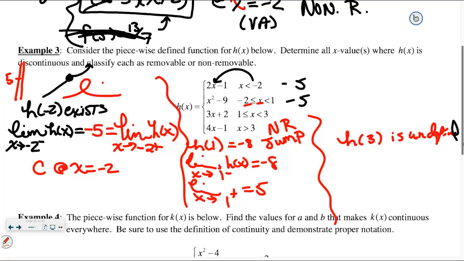But to classify it, I need more work, because I have to decide this. Did those lines go like that, in which case it's removable, right? Or did those lines maybe go like that, in which case it's non-removable?